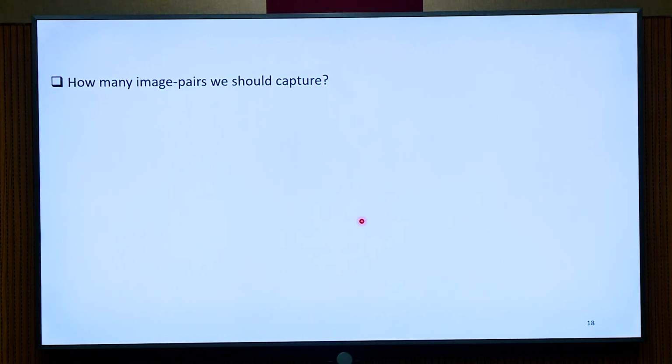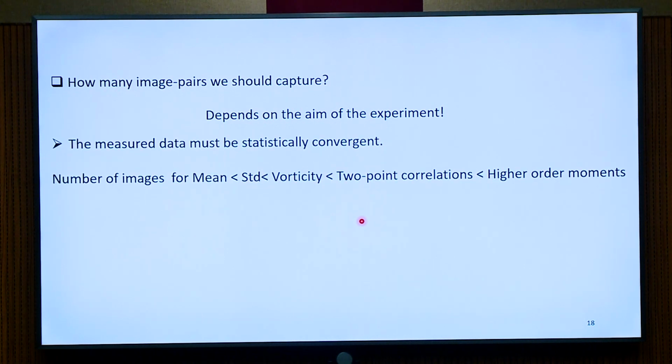Okay, another thing is how many image pairs we should capture. How do we know how many image pairs we need? That depends basically on the aim of the experiment. What do you want to measure? In all cases, all the statistics that you measure must be statistically convergent. Accordingly, the number of images that you need to measure only the mean velocity is less than what you need for standard deviation and for other quantities like vorticity, 2-point correlation, higher order moments.